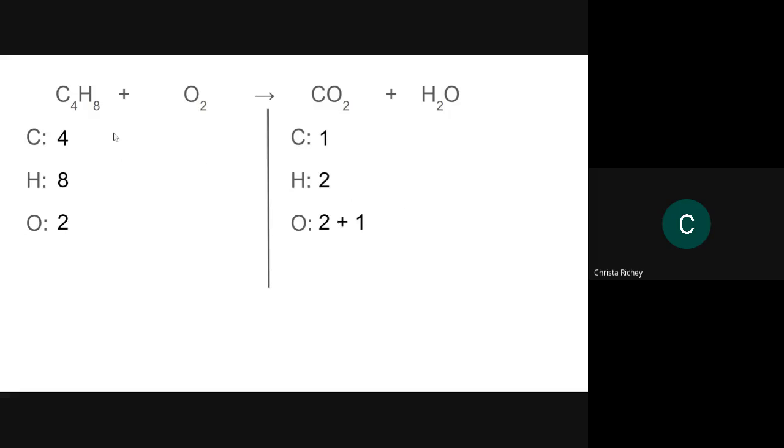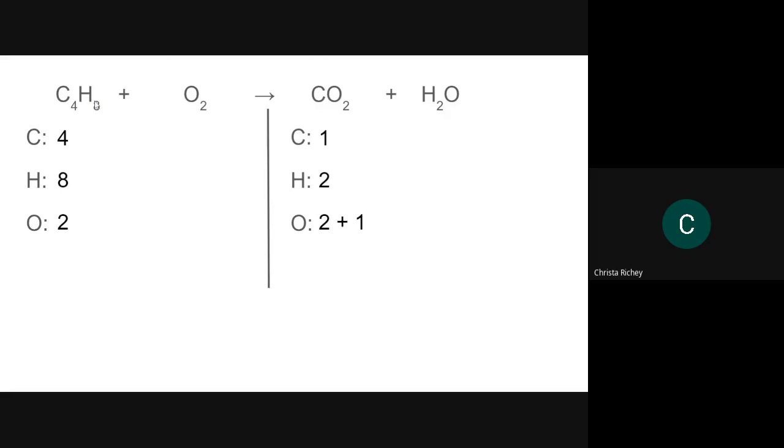Now, we go left to right, top to bottom. The first thing I'm going to check is, well, there's no extra oxygens here. So I know that this has to end up being an even value. So I have 8 hydrogens. If I put a number here and it's even, then that's awesome. I'm just going to start top to bottom like I told you how to do yesterday.